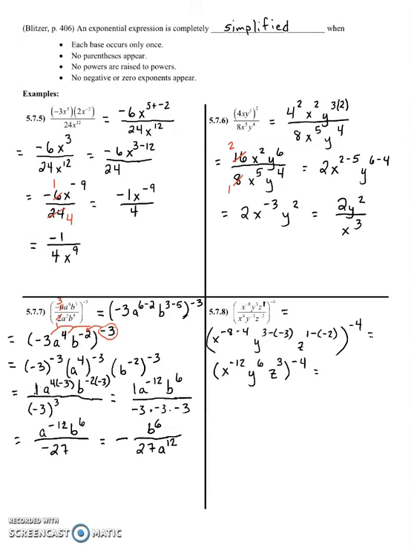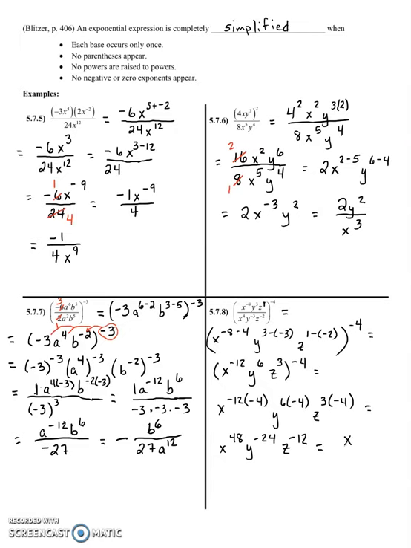Now we need to, again, for lack of a better word, distribute this negative 4th power. So that gives us x to the negative 12 times negative 4, y to the 6 times negative 4, and z cubed times negative 4, which is x to the 48th, y to the negative 24, z to the negative 12.